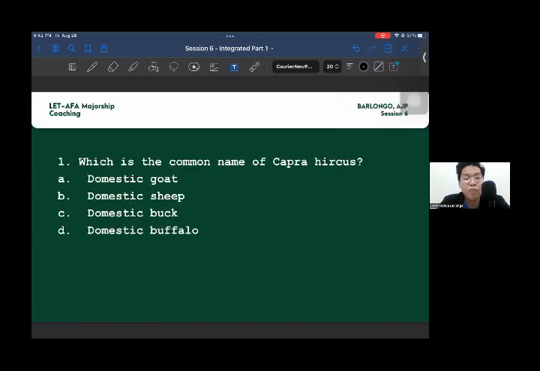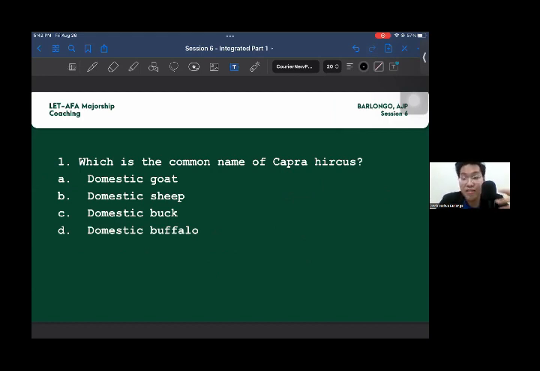Number 1: which is the common name of Capra hircus? Ma'am Elrose, if you want to answer along with me, you can just chat in our chat box. Those viewing the recording can also answer.